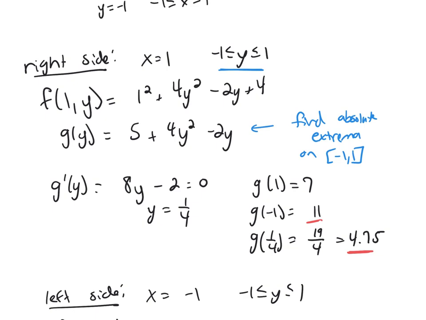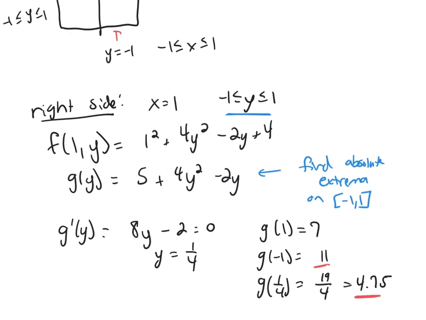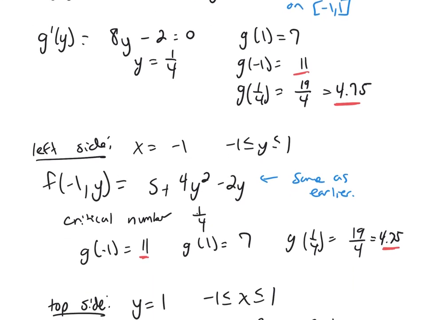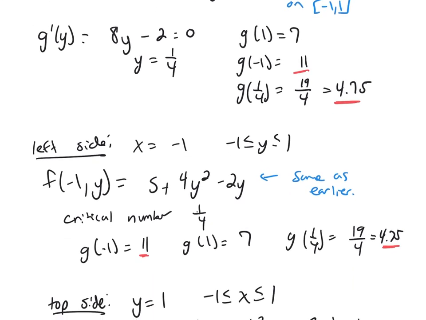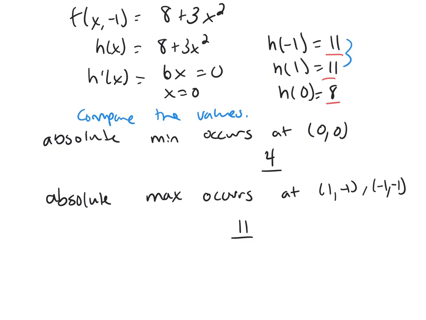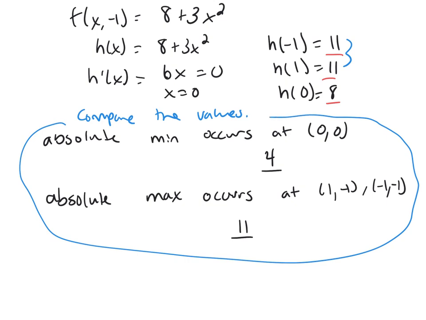Yep, x is 1, y is -1, and the same thing here. X is -1, y is -1. So here are my absolute maxes and mins right here. I have an absolute minimum that occurs at one place at the origin. The minimum value is 4. And I have an absolute maximum. It occurs twice. My largest value is 11.